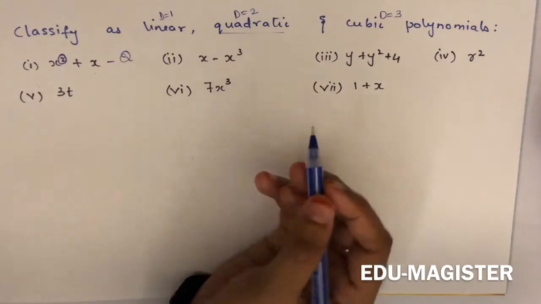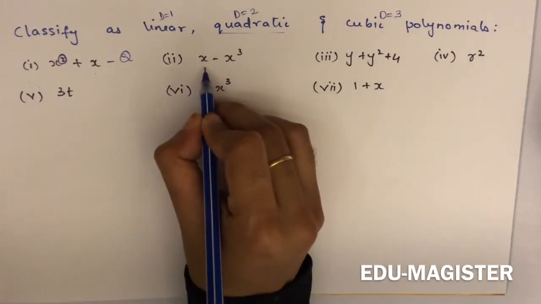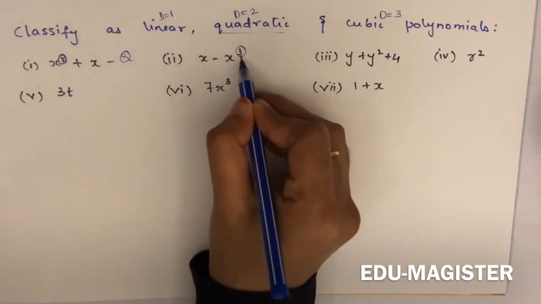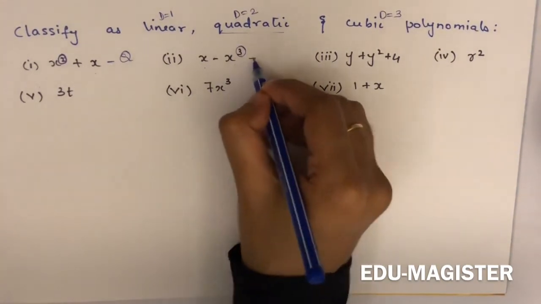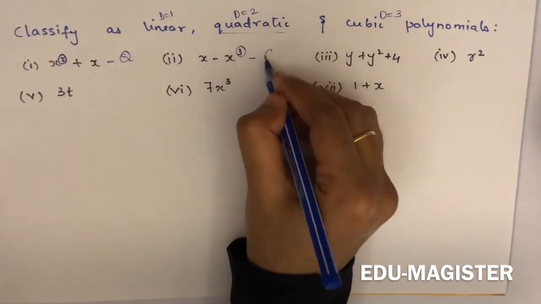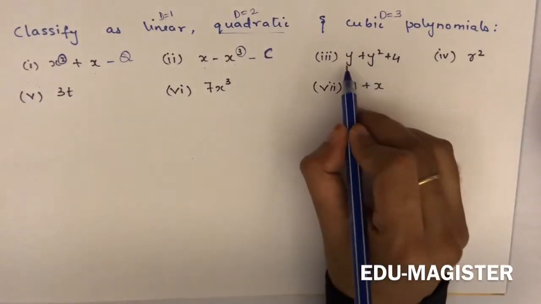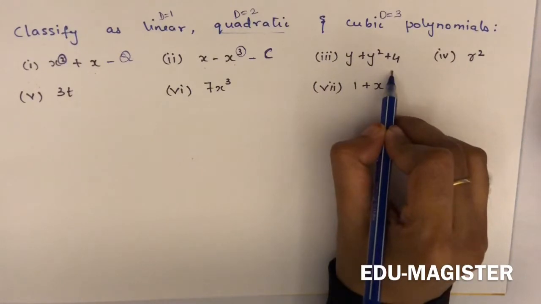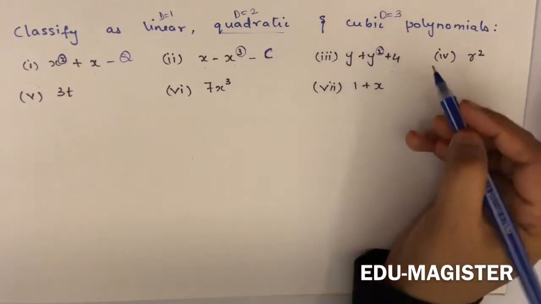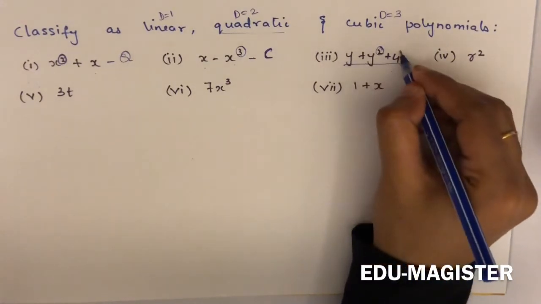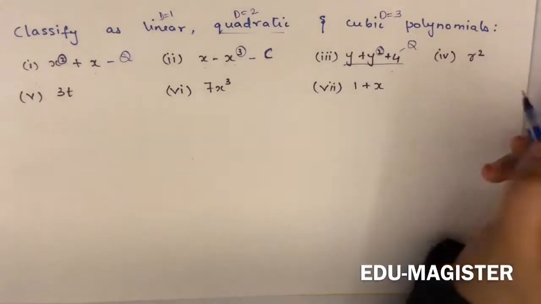In the second question, the degree is 3 because the highest power is 3. So this polynomial is a cubic polynomial. Let me write it as C. In this one, the degree is 2. Thus this polynomial is a quadratic polynomial.